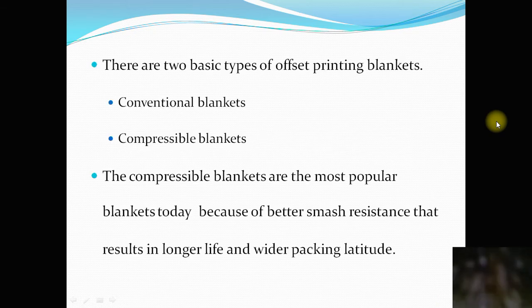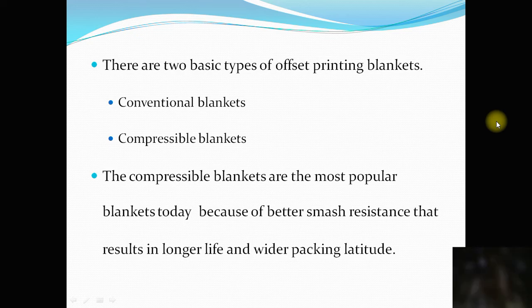Basically, there are 2 basic types of offset printing blankets. We discussed this in the previous class also. One is the conventional blanket, and the second is the compressible blanket. Conventional blankets do not compress at the nip, that means at the time of taking impression. At that time, we found many problems.